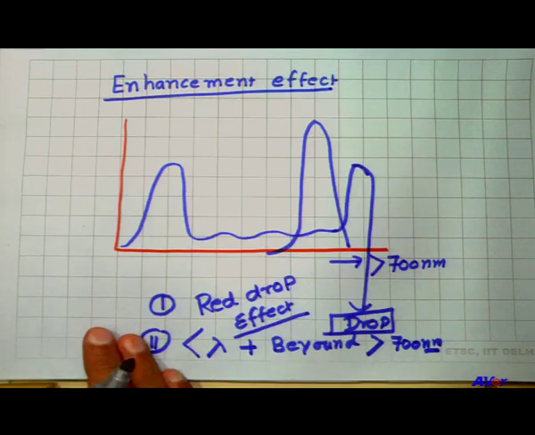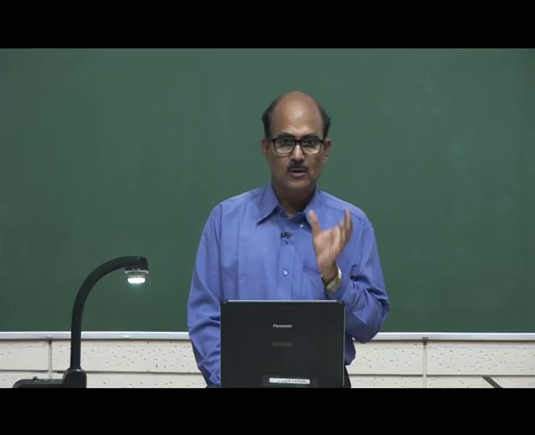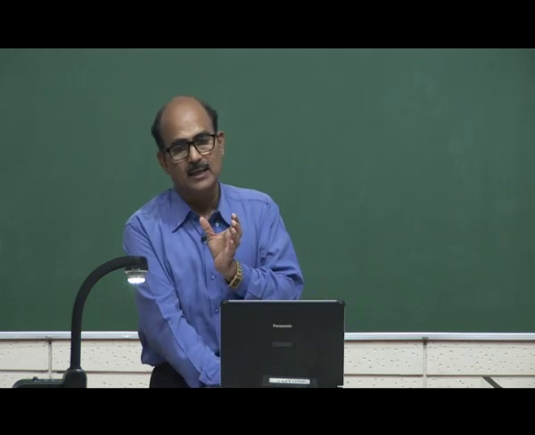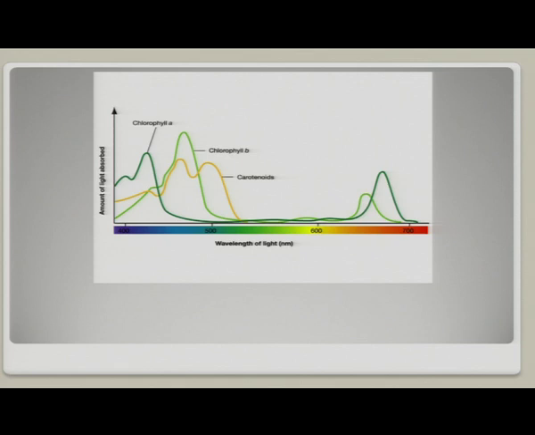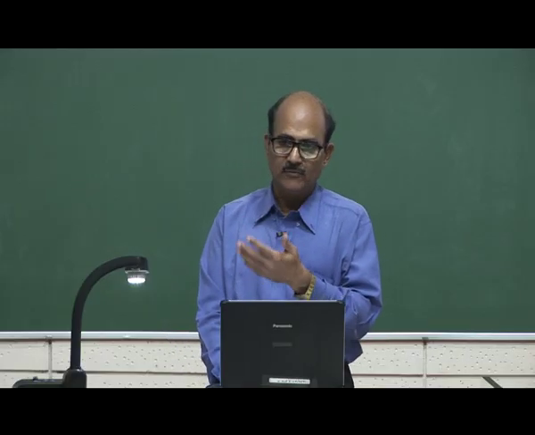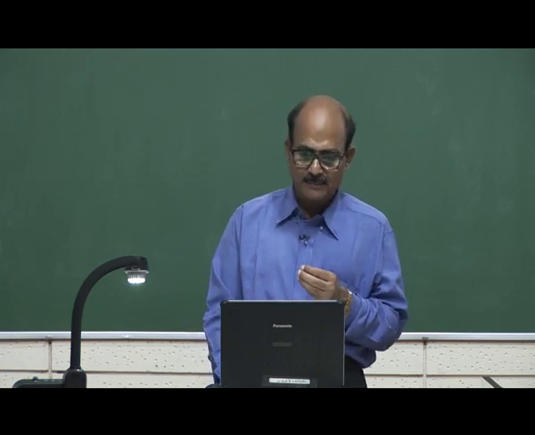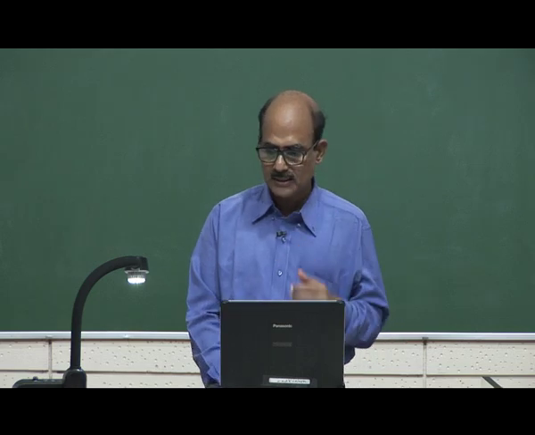So, the two effects, the red drop effect and the Emerson enhancement effect, show that photosynthesis requires lower wavelength as well as higher wavelength. When we give only the higher wavelength, the rate of photosynthesis decreases, because beyond 700, that is infrared, the plant or pigment system can't accept this and the rate of photosynthesis decreases.